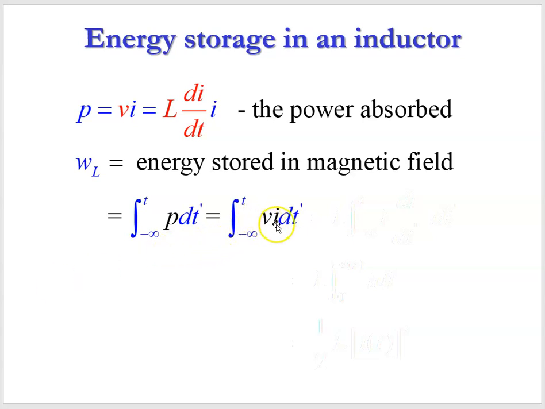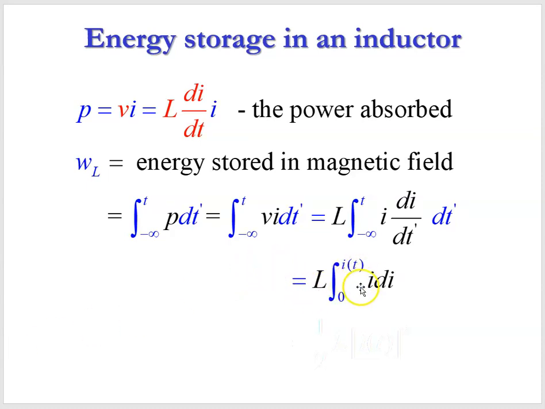So our voltage times our current, times dt, we can replace with L i di/dt dt. Here we can see that the dt's are going to cancel, and we're just integrating L i di. But when we're integrating over current instead of time, then we're integrating from our current being 0 at time t equal to negative infinity, before anything happened, until the current at time t.